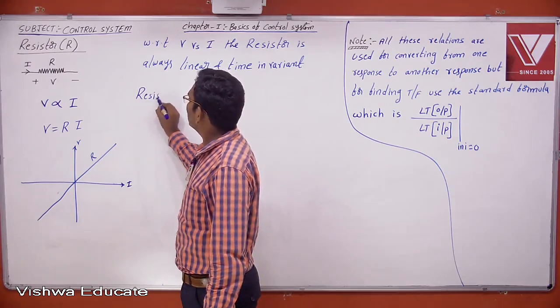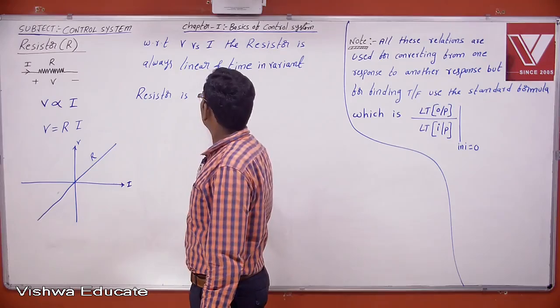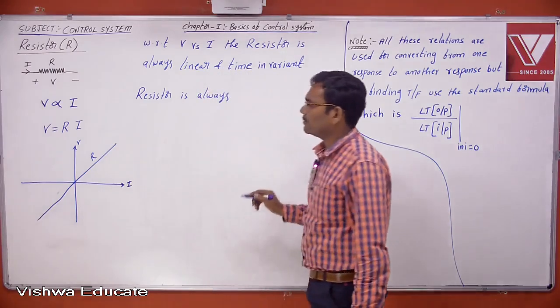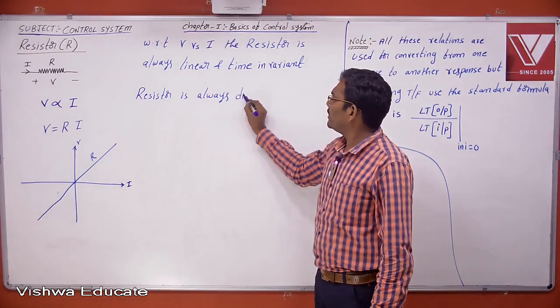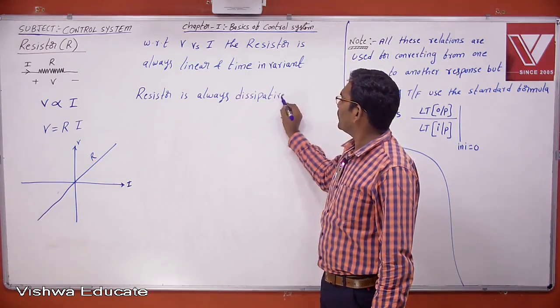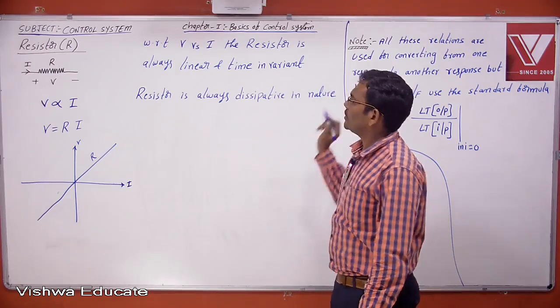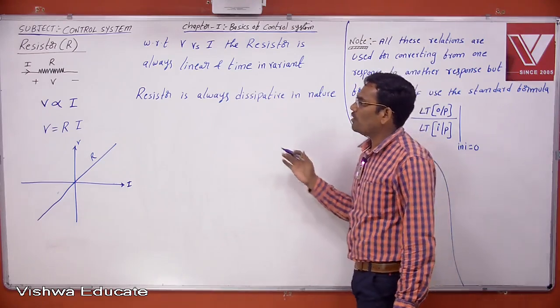The resistor is always dissipative in nature, which always opposes the flow of current.